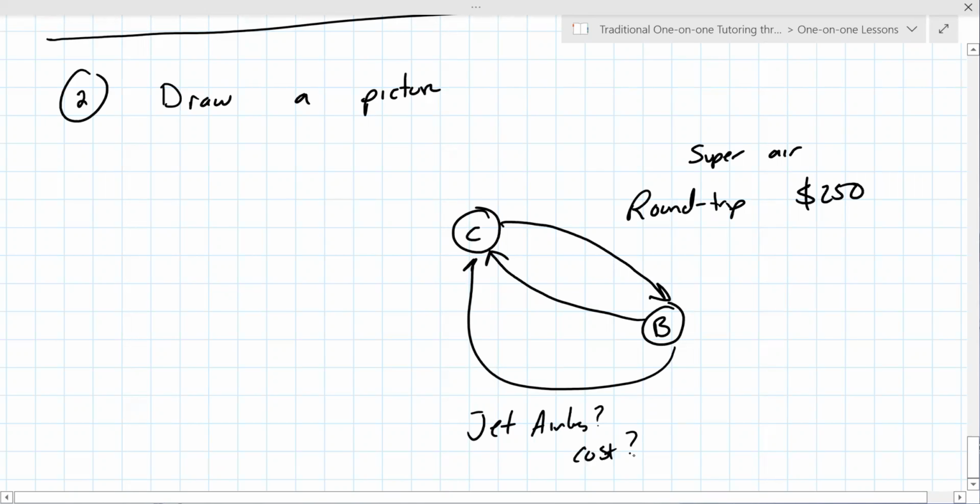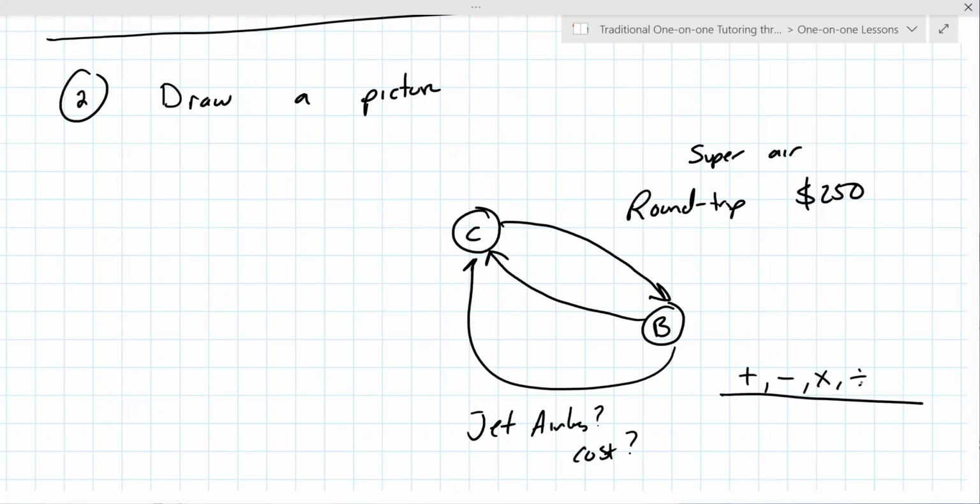Okay. And then your instructor also seems to want you to determine which math operation you're going to use, whether it be plus, minus, multiplication, division, or other. Any idea what that might be for this problem? No. So we want to know how much more she would have paid.